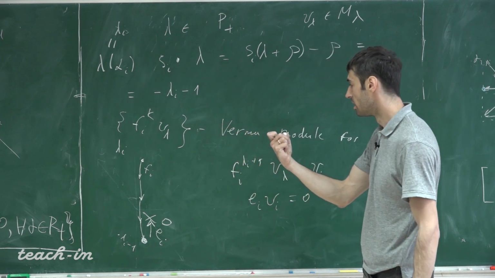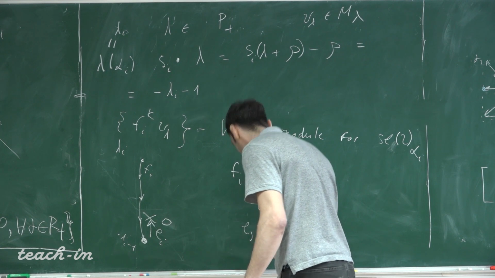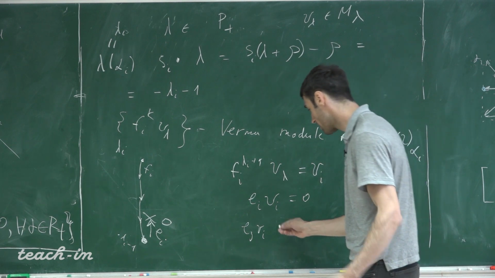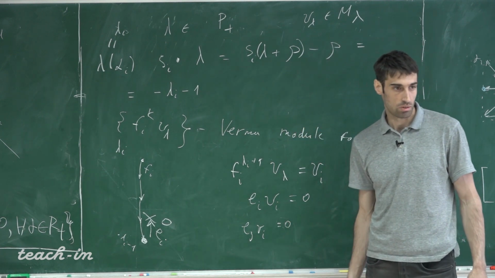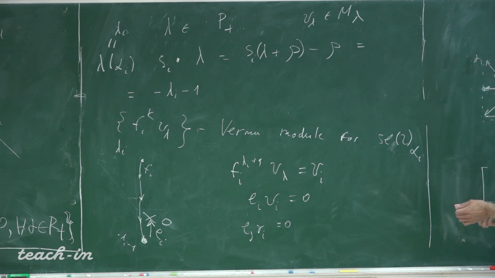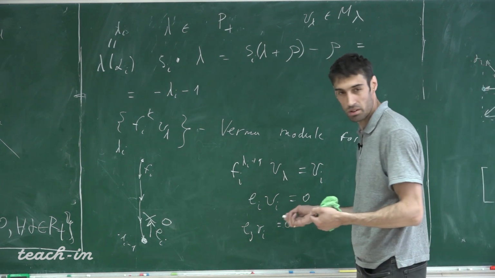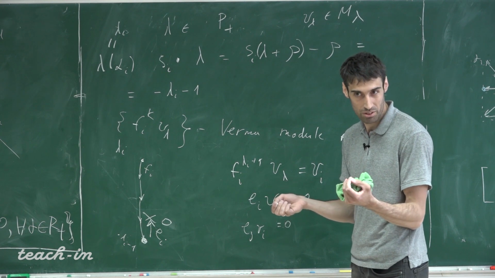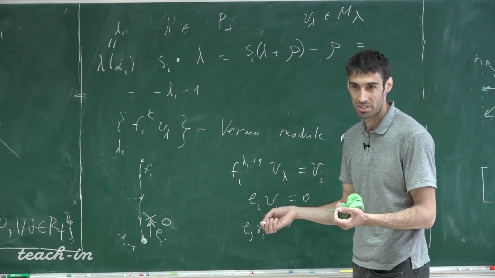But what about other e_j v_i? I also would like it to be 0. Why is that so? It's just because e_i commutes with f_j if i and j are different indices. We had this as one of the Serre relations, right?